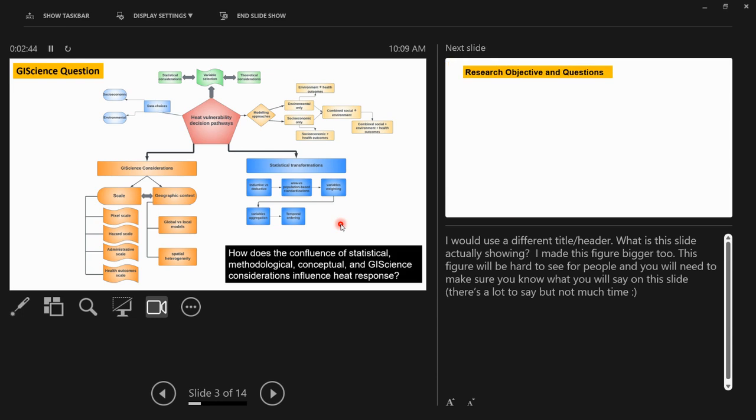And so at this point, it's crucial to interrogate how the confluence of statistical, methodological, conceptual, and GI science considerations influence heat response, because the key attribute of science is to come up with targeted intervention, moving away from uniform intervention to targeted intervention by specifically looking at the most vulnerable locations and populations.